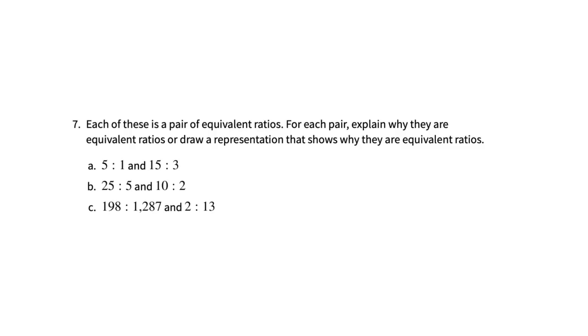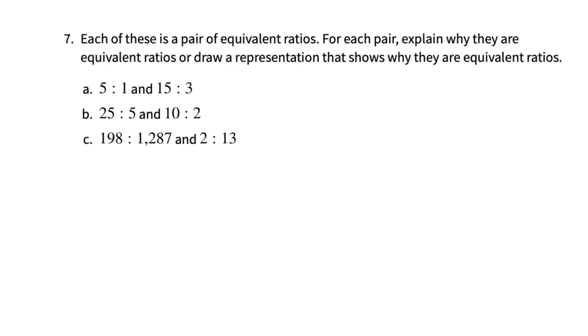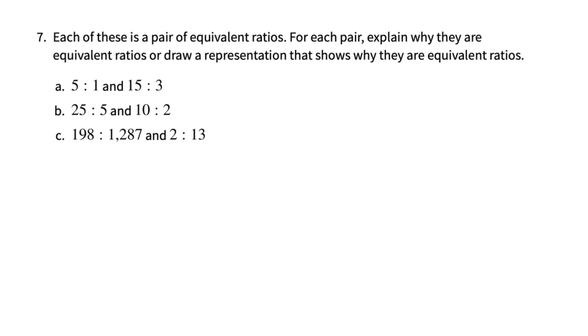All right, this one's a little bit of a review. It's talking about equivalent ratios from back in the day. We're supposed to explain for each pair why they're equivalent ratios, and draw a representation that shows why they are equal. So 5 to 1 and 15 to 3, why are they equivalent ratios? I'm going to start by drawing a ratio of 5 to 1.